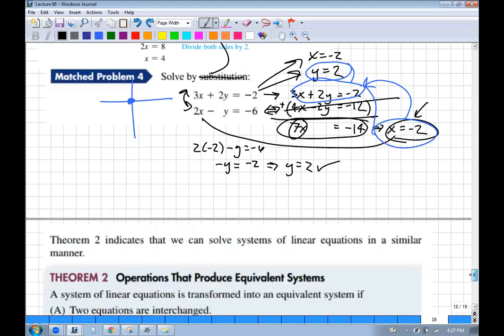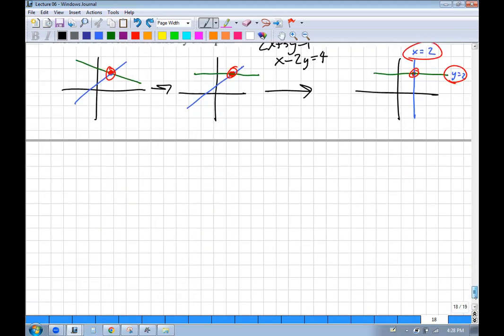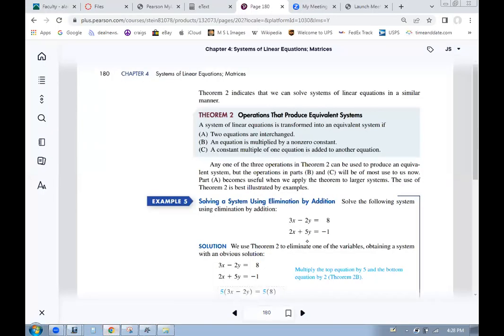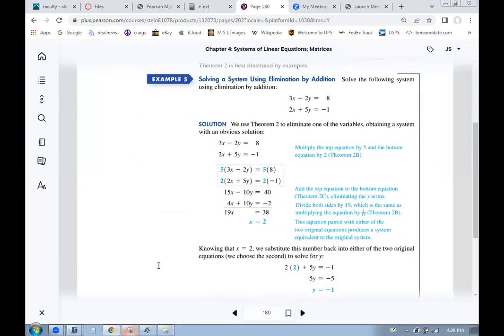These two equations, and I'm just guessing here. I'm just putting random equations down, but these two are logically equivalent to these two because they have the same solution. That's what's going on behind the scenes. Okay. So let's look at another example here.